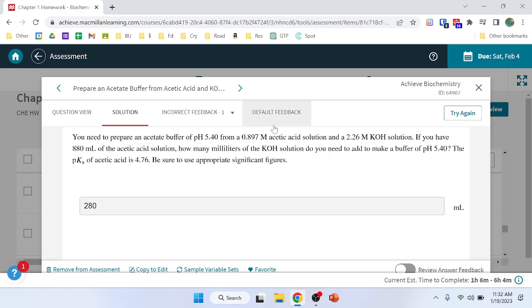When we multiplied 0.897 times 880, they were 789. So that's the number of millimoles of our acid that we started with.